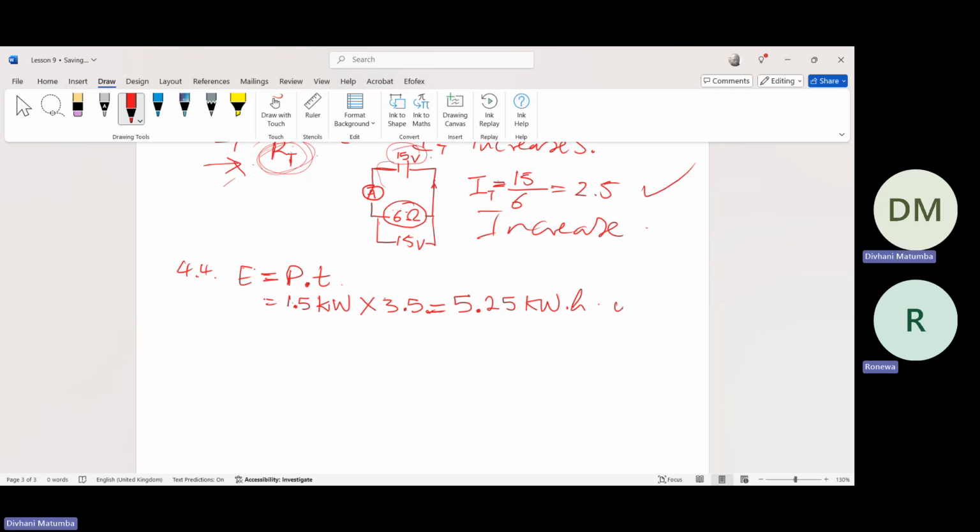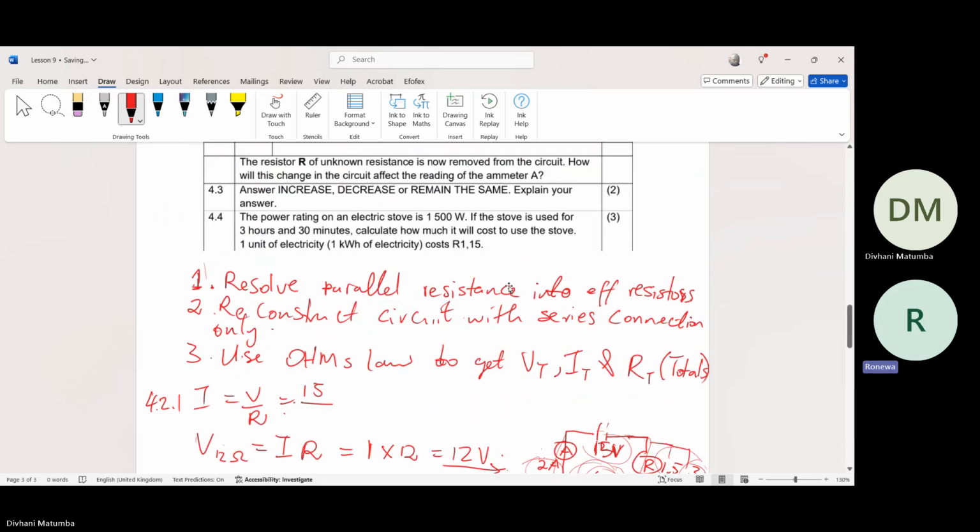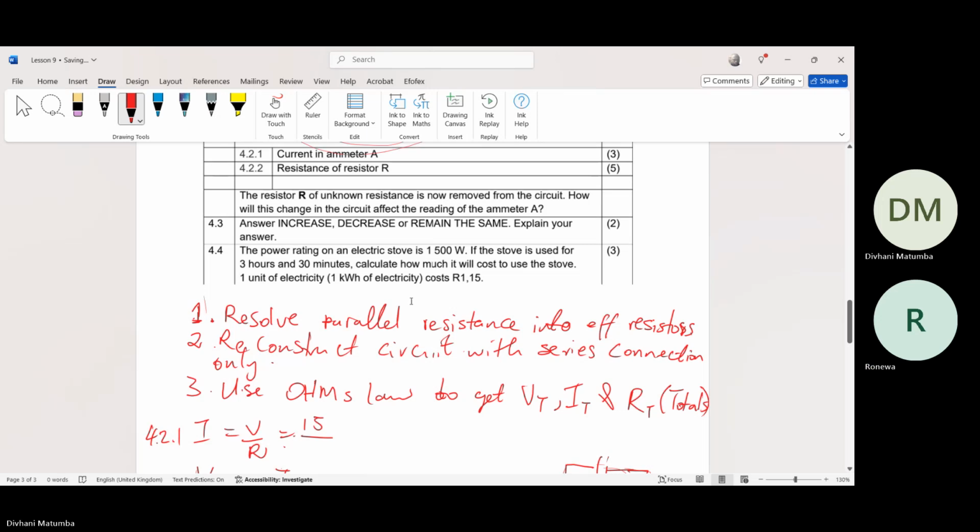Okay, then we have to go to what they said: one unit, 1 kilowatt hour, costs 1.15.